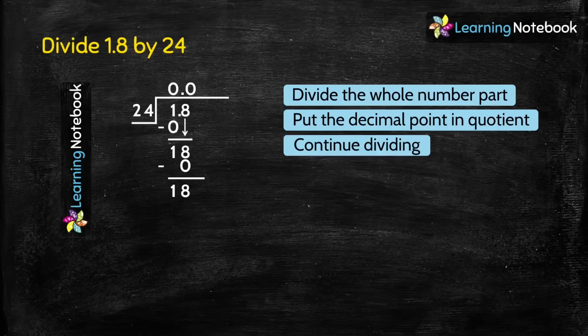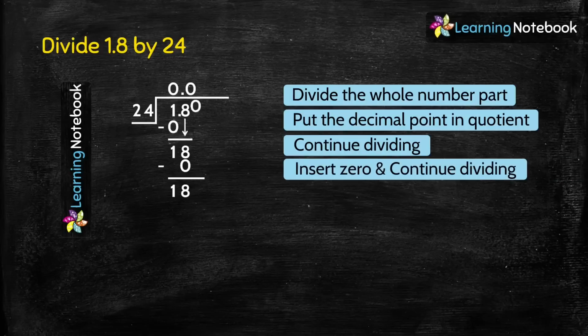Now students, the remainder is 18. But we can still continue with the division by inserting 0. So let's insert a 0 and now we will copy next digit 0. So let's divide 180 by 24 now.